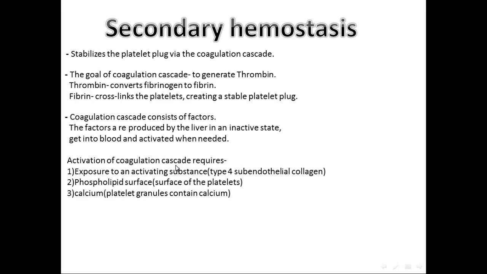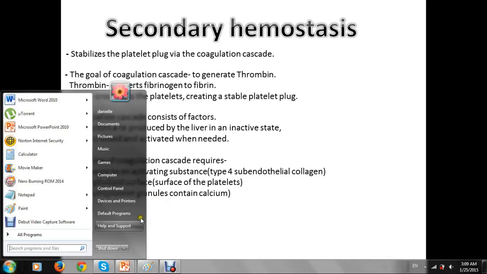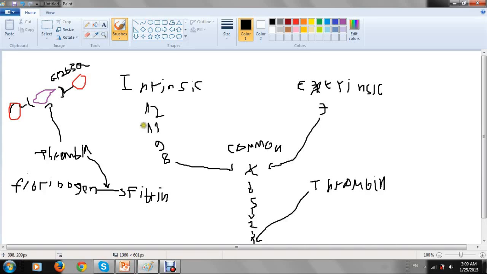So the activation of the coagulation cascade: first of all, they are activated by exposure to an activating substance. So let me just explain it to you. For example, the 12th factor of the intrinsic pathway, how does it activate?